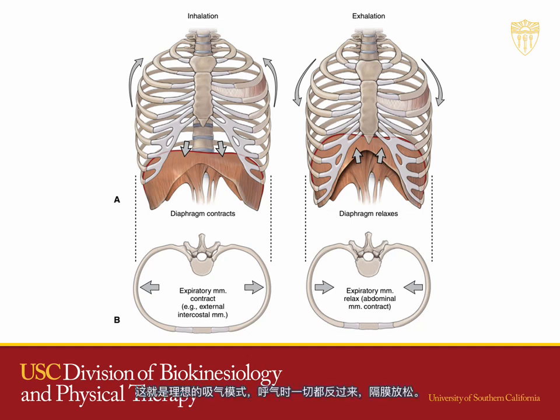And that's really what we're looking for when we inspire, and then for expiration, everything comes back in and the diaphragm relaxes. This movement should be happening through all parts of the trunk. So if you're just seeing the neck moving or the upper ribs moving, then they're not getting good expansion in the lower lungs. They're not getting full expansion of all lobes of the lungs.